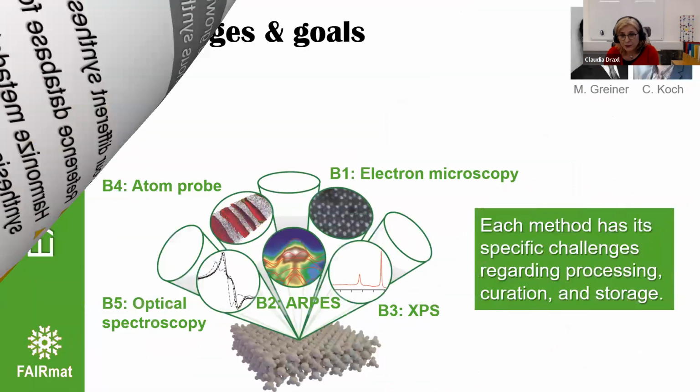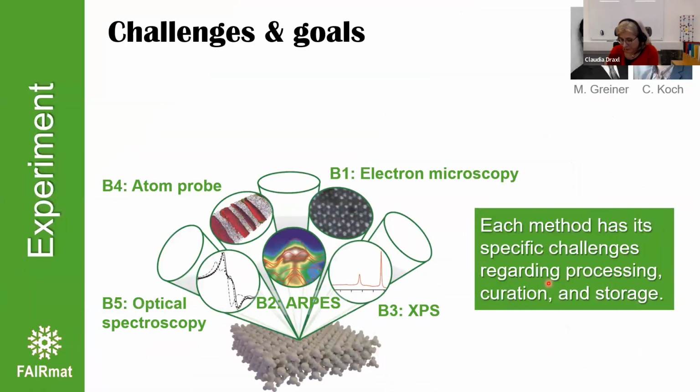So in short, what about experiment? I mean, you all know that there are so many different ways of characterizing experiments. If you have a sample underneath here, then there is what this cone symbolizes: many experimental techniques to measure materials properties.